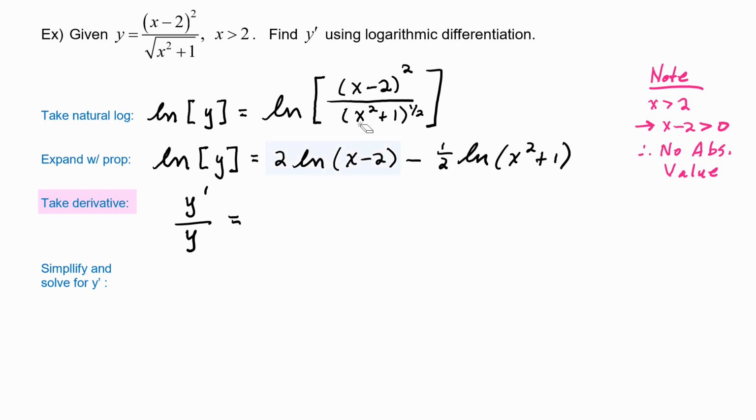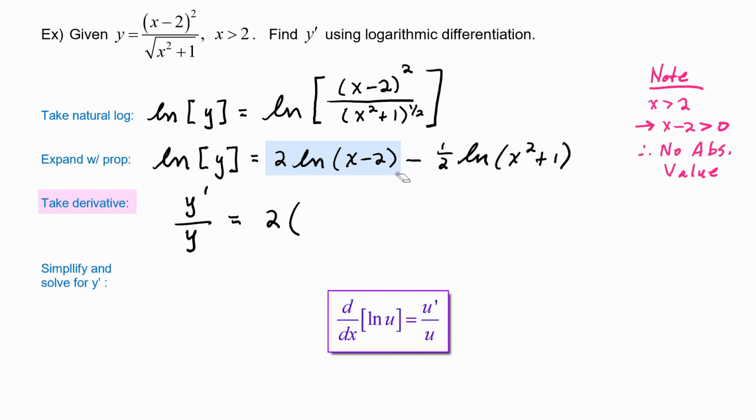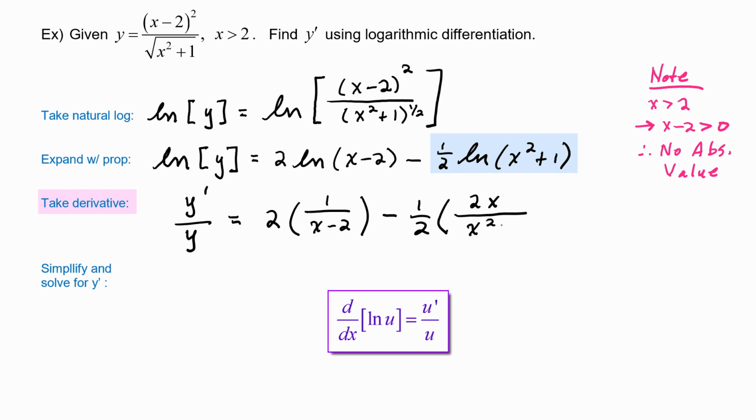And on the right-hand side, we have to bring down that constant of 2 and take it times the derivative of natural log of x minus 2, which is 1 over x minus 2, minus, let's bring down this constant of 1/2, and we take that times the derivative of natural log of the quantity x squared plus 1, which is 2x over x squared plus 1.